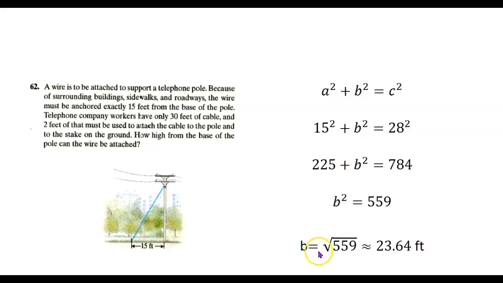So b equals the square root of 559, and my calculator tells me that's approximately 23.64. So we have to go up to a height of about 23.64 feet above the ground. That's how high up from the base of the pole to attach the wire, up at a height of 23.64 feet.